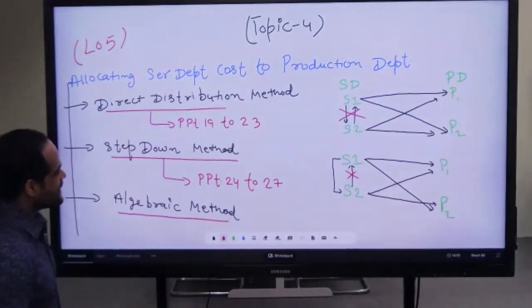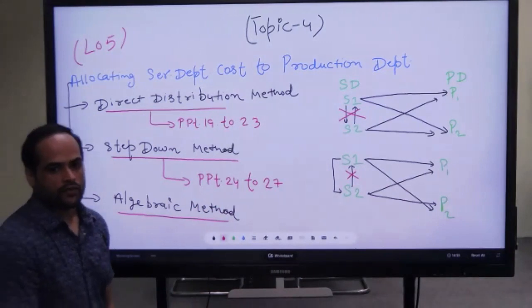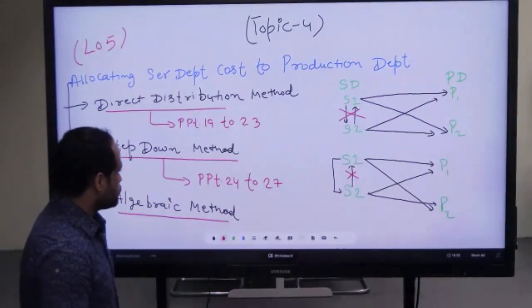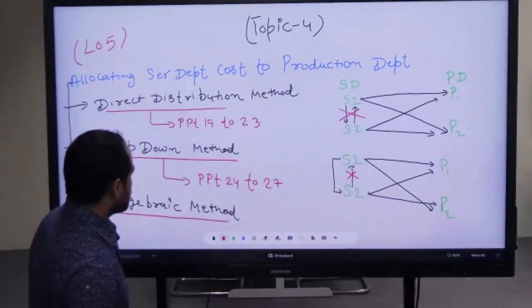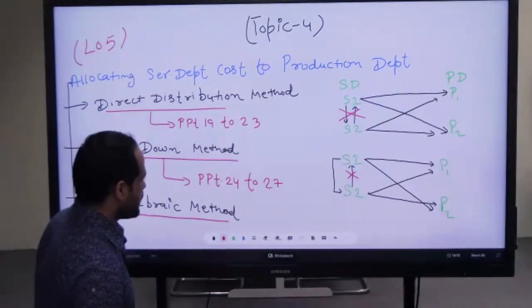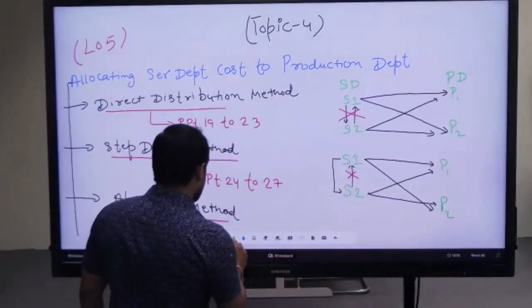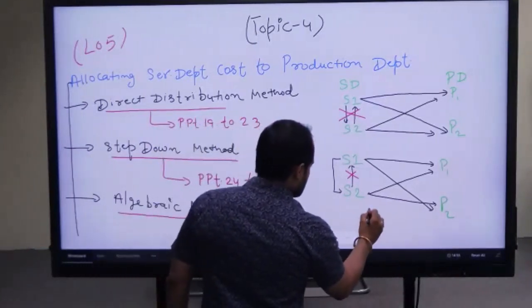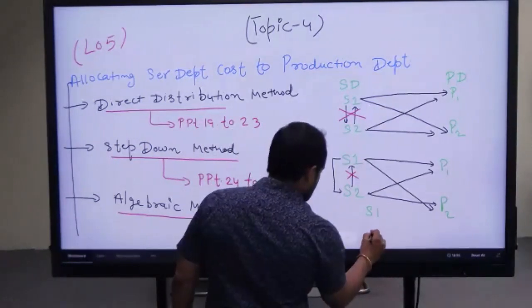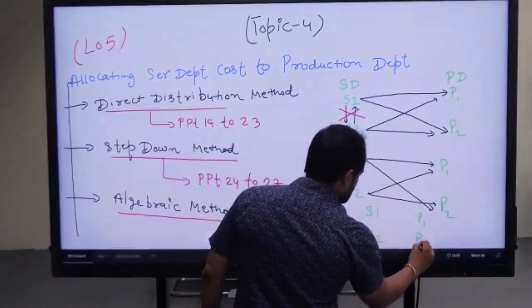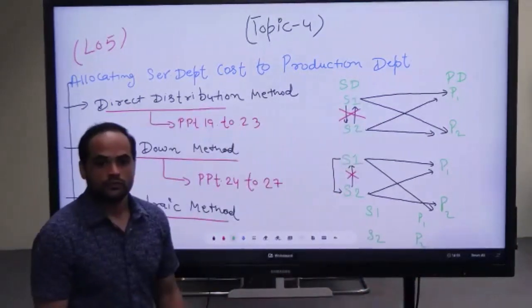Now, what is the algebraic method? S1, S2, P1, P2. All right?